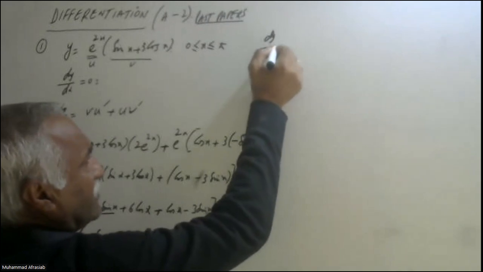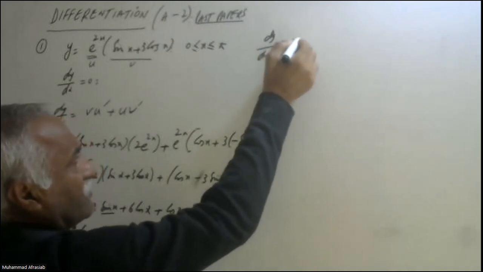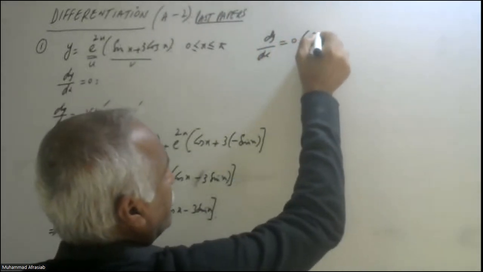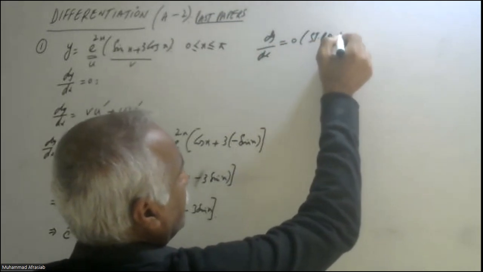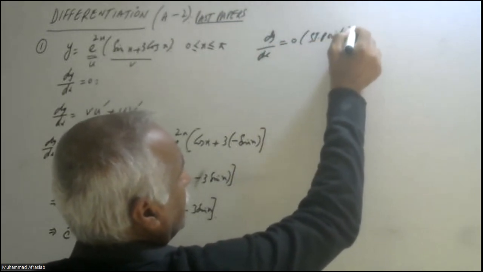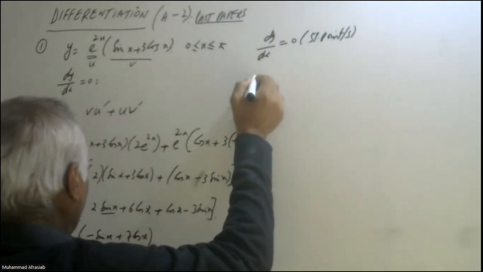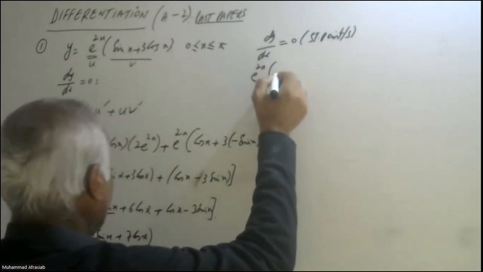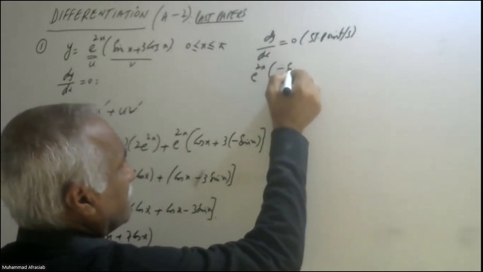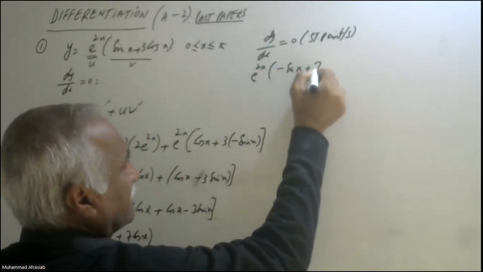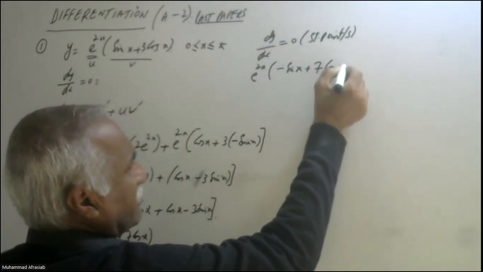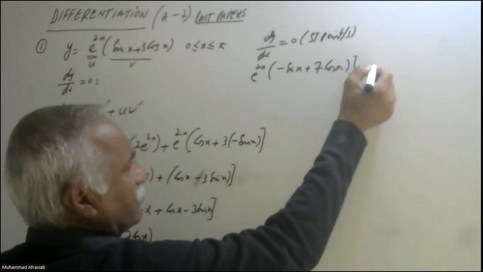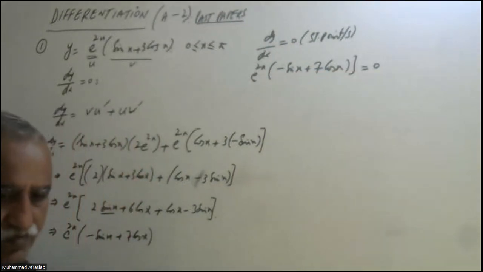So dy by dx, if it is equal to 0 for the stationary points, then e power 2x into minus sin of x plus 7 cos of x equal to 0.